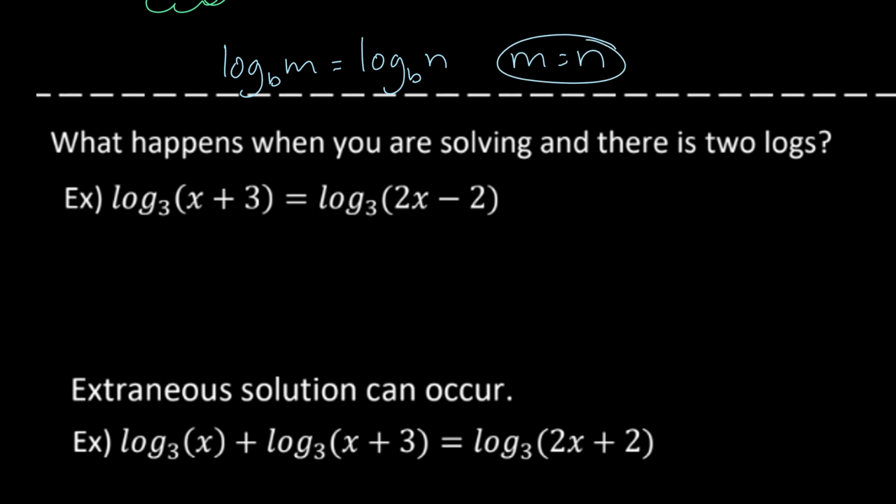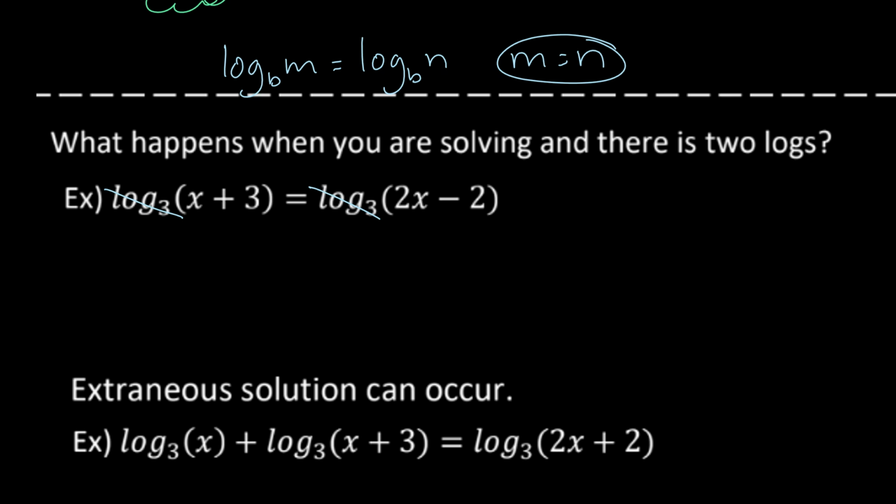If you have logs of the same base set equal to each other, the terms being logged are the same. So here, it's basically like you're canceling out the logs. You can only do this when you have two logs set equal to each other, okay?